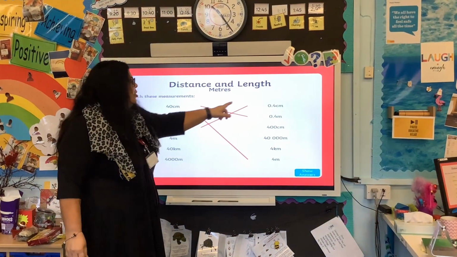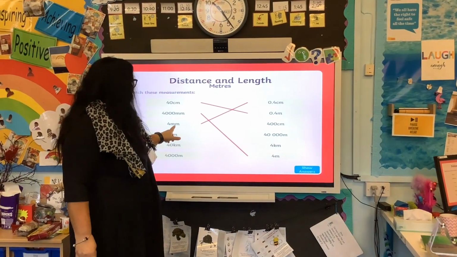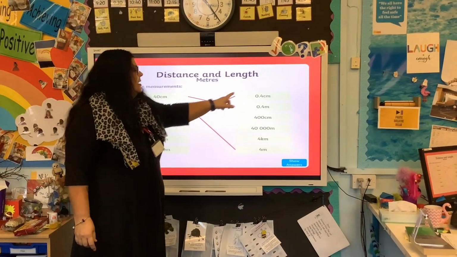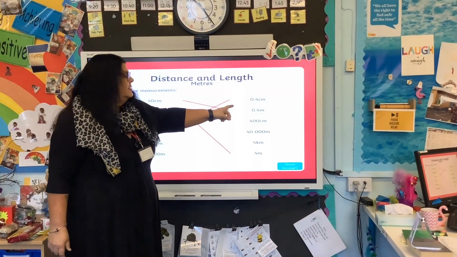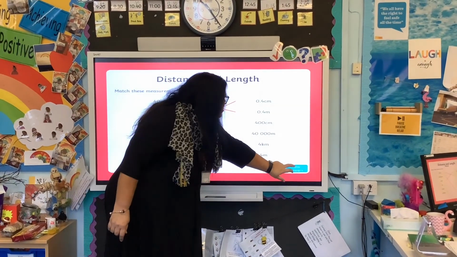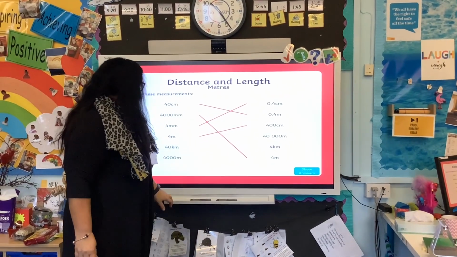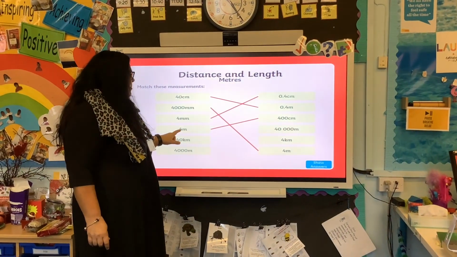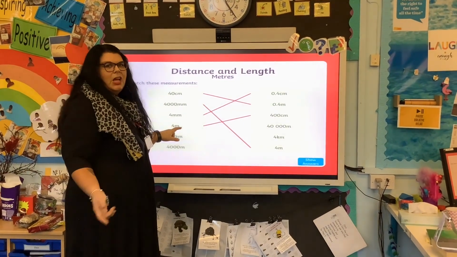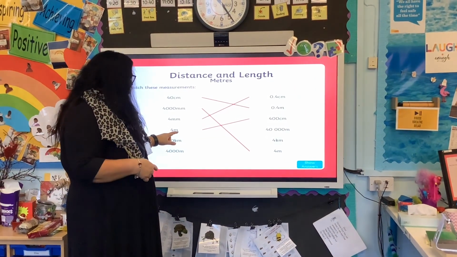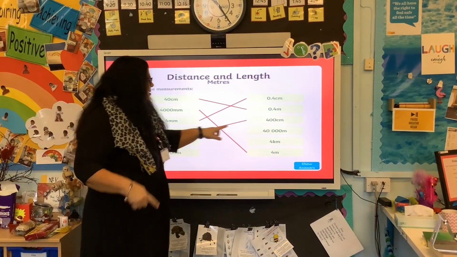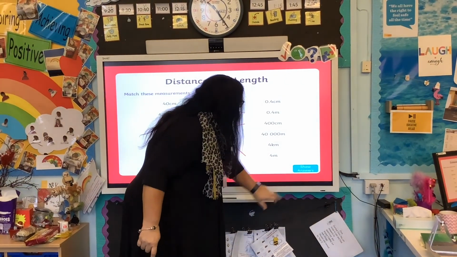And again, if you look, you should be seeing the patterns for the numbers. 4 millimetres, thinking about the times and dividing by 10s and 100 that we did previously in maths. So 4 metres, well, we know there's 100 centimetres in 1 metre, so in 4 metres there'd be 400 centimetres.